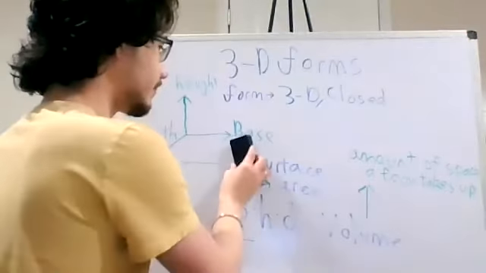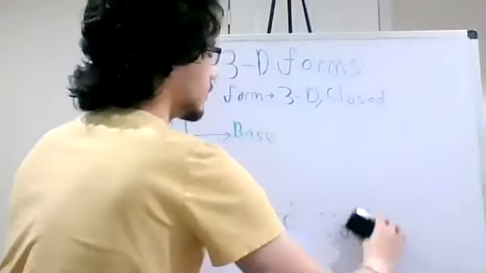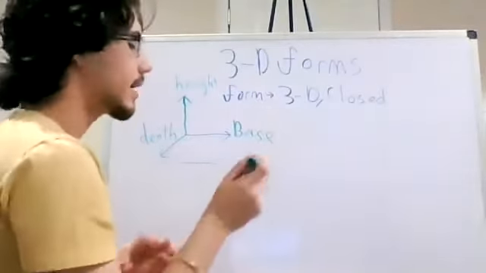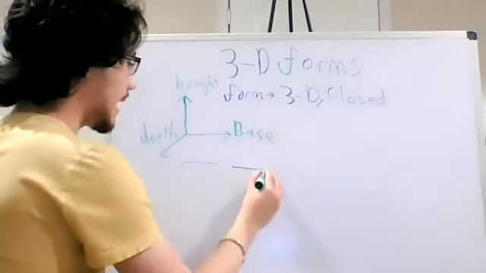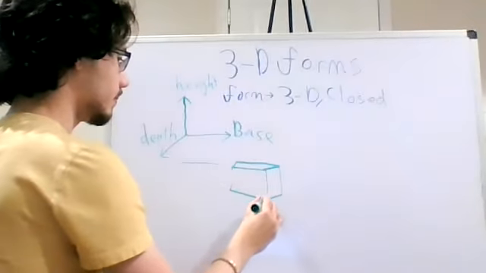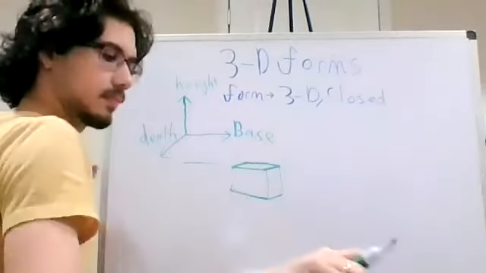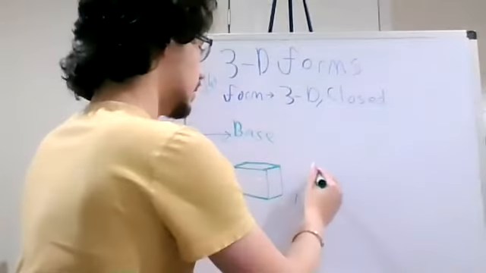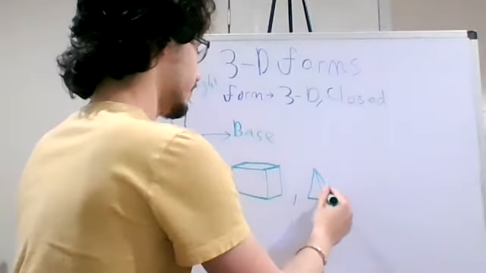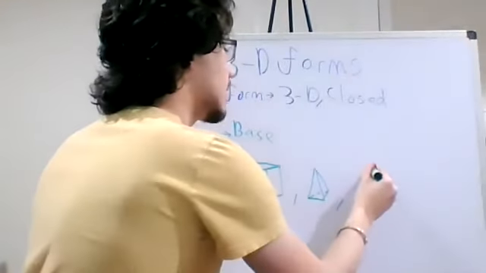So if we make a little space here, if we review our regular forms, we have cube, pyramid, which roughly looks like a pyramid, and a sphere.